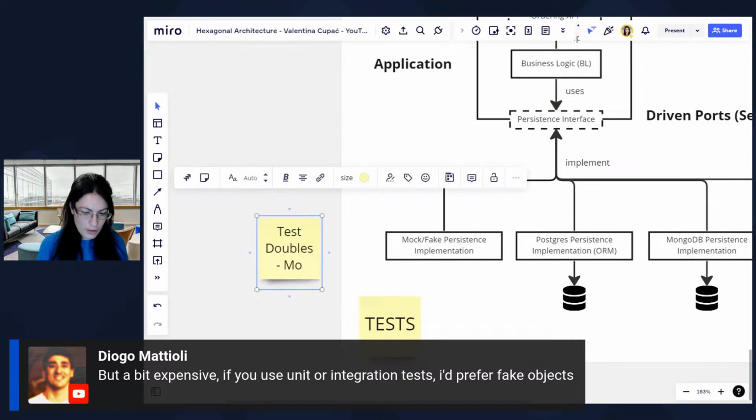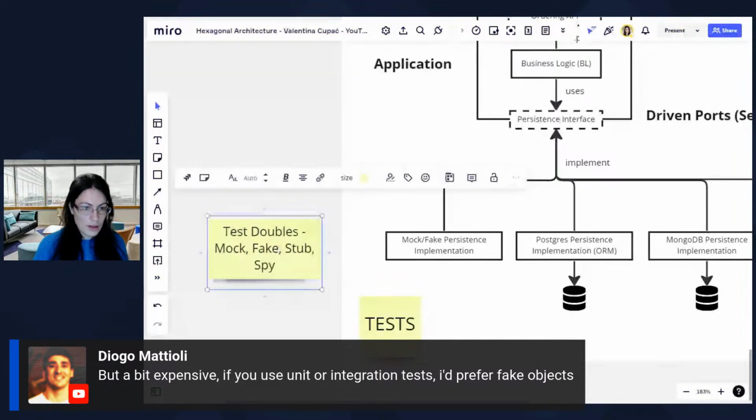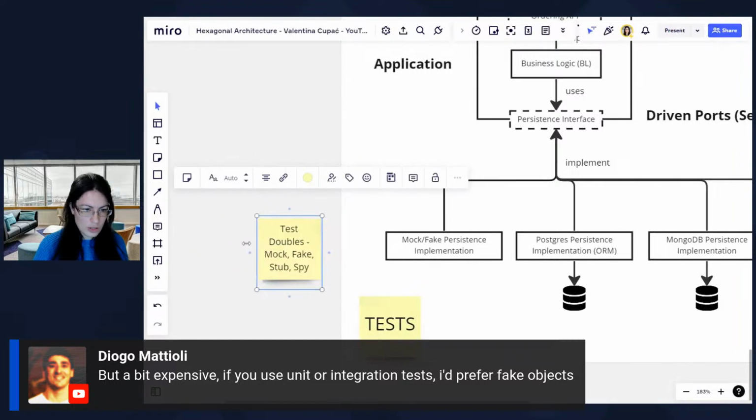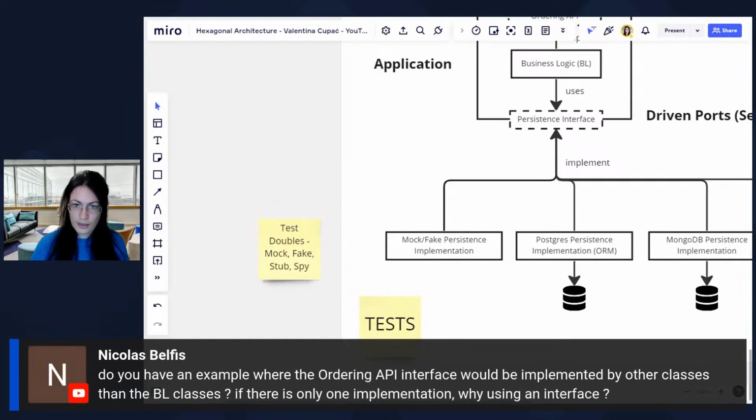Whether we're going to have a mock, fake, stub, spy, that's yet another discussion of its own. I personally tend to use fakes because I find that I get reusability across the tests and really high fidelity. And also in the book Software Engineering at Google, they tend to recommend using fakes as the test doubles.